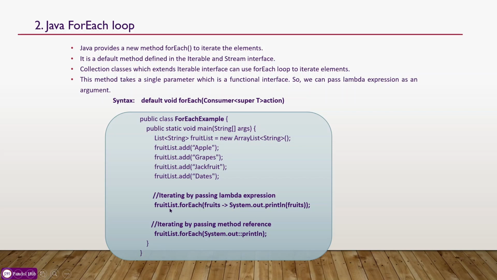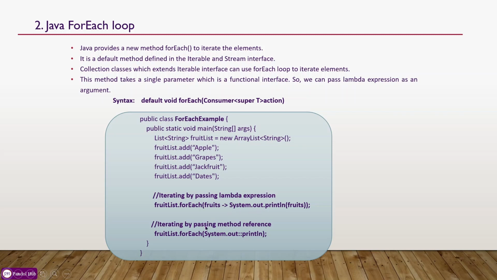So what we are doing is we are iterating through each element of the list, and fruits represents the single element of the list, and for each element we are just performing this body expression which is just printing here. Okay, so for each fruits element in this fruit list we are just printing it.